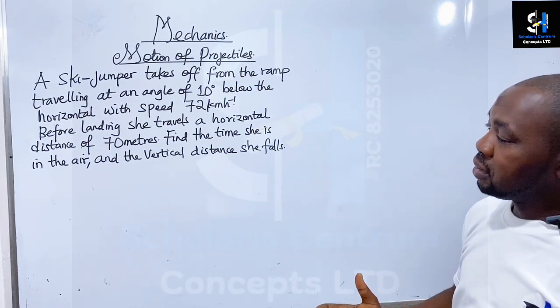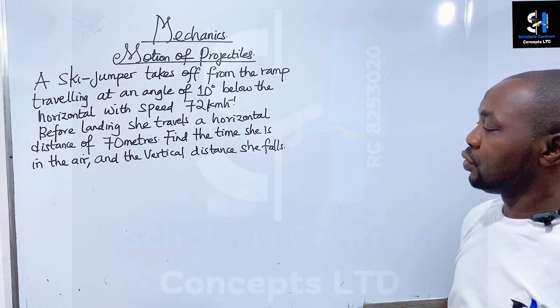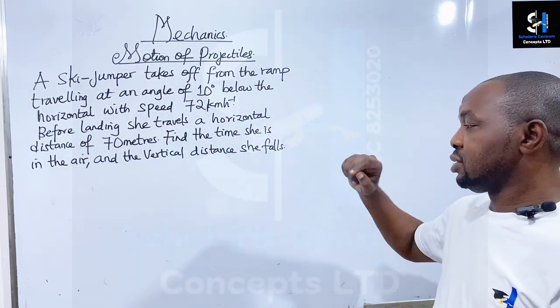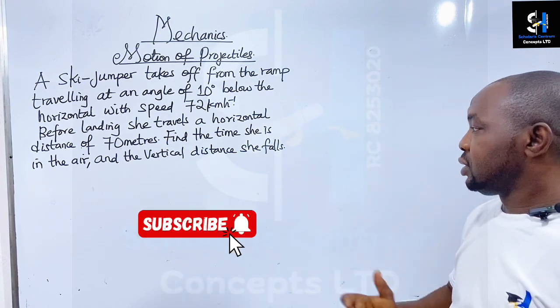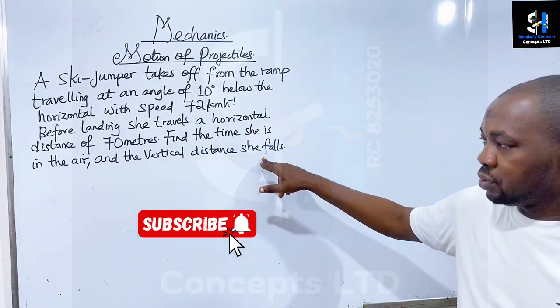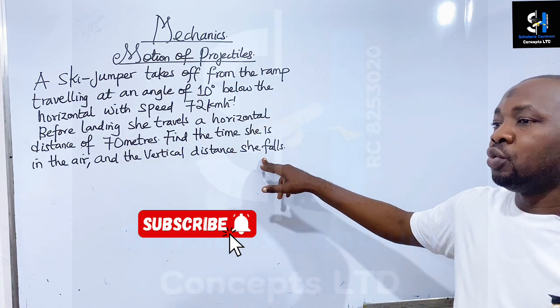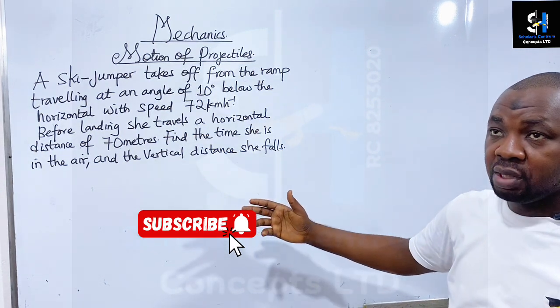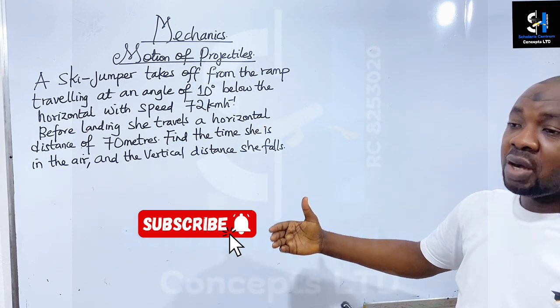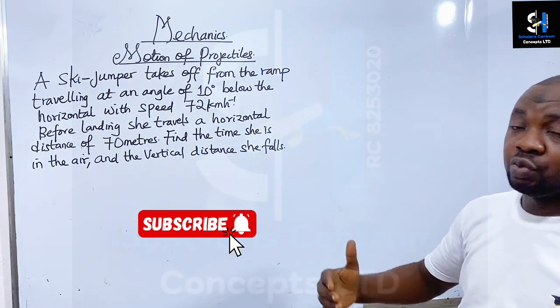Before landing, she travels a horizontal distance of 70 meters. So the vertical distance she falls, according to the question, will be negative, because the direction will be downward.